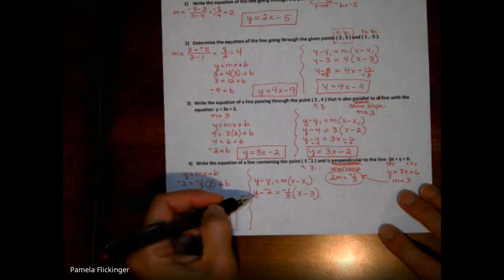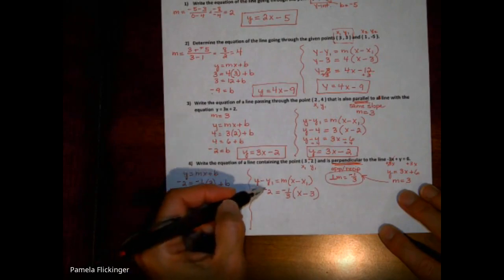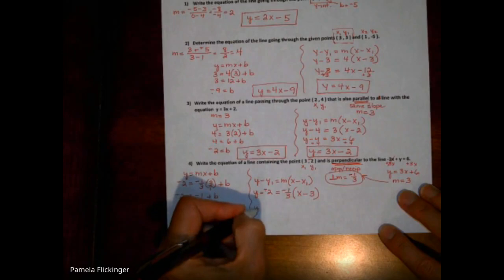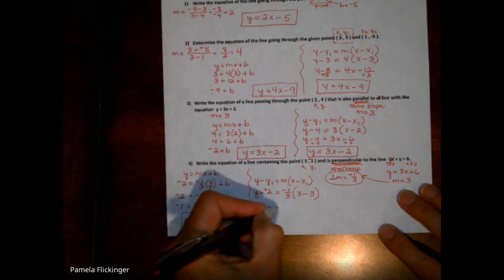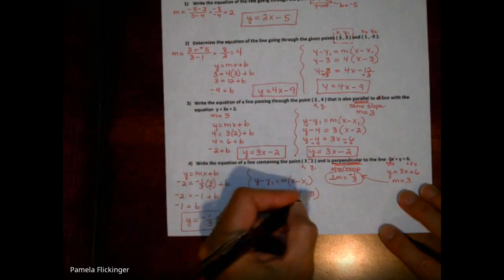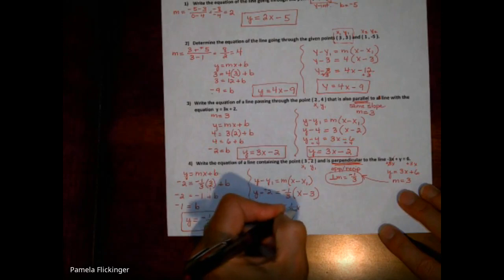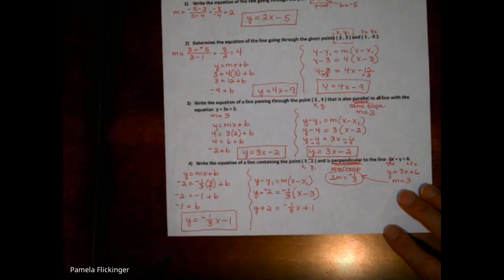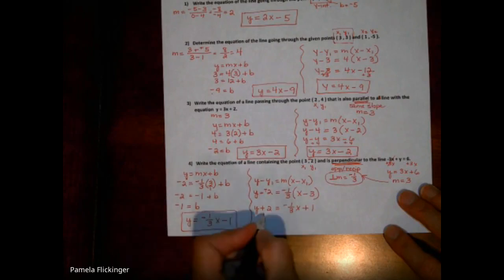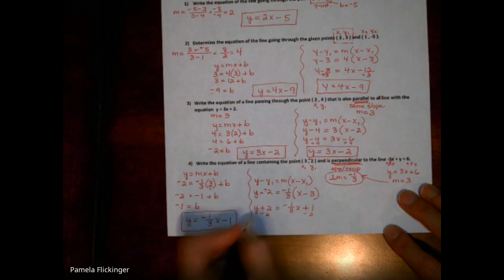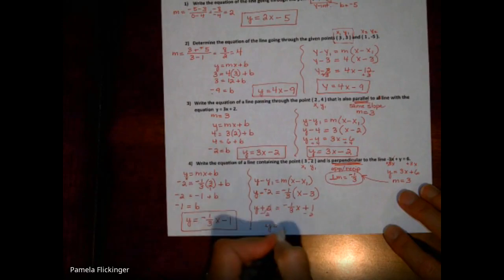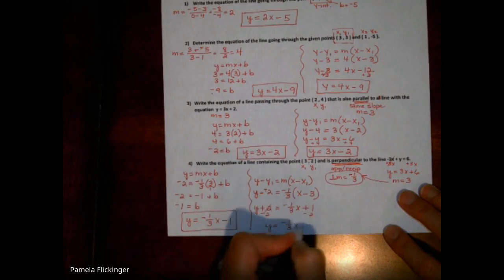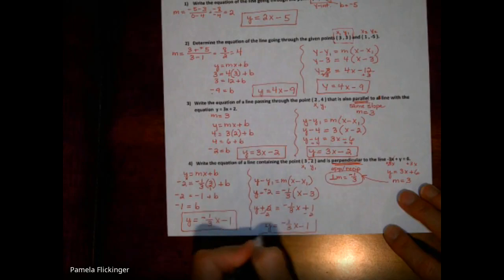So over here, this double negative becomes a positive. So this is really y plus 2 on the left. And then when I distribute, I get negative 1/3 x plus 1. Negative 1/3 times negative 3 will be a positive 1. And then if I subtract the 2, final answer, y equals negative 1/3 x minus 1.